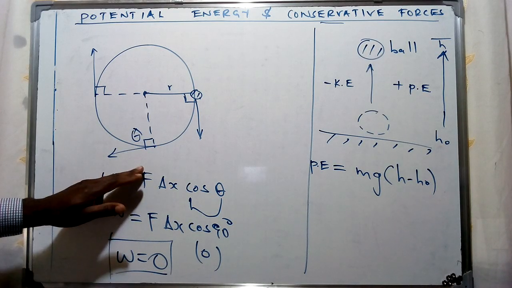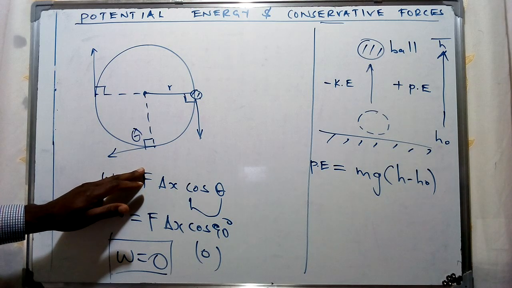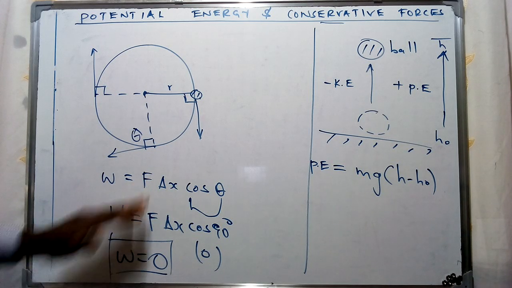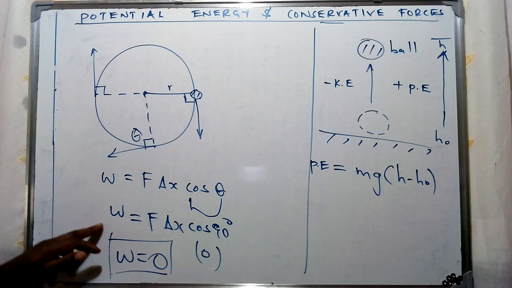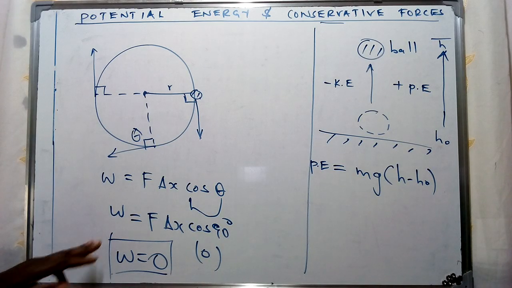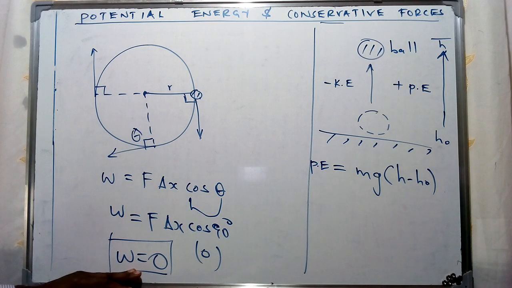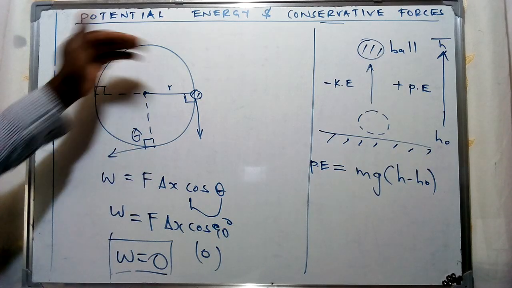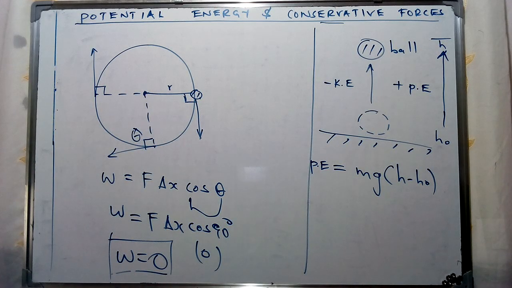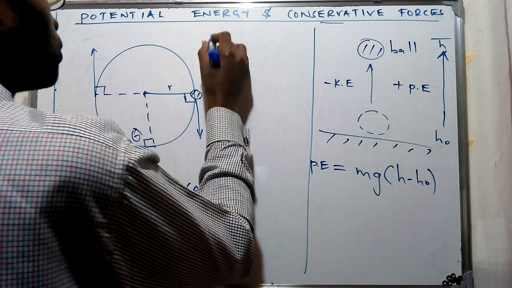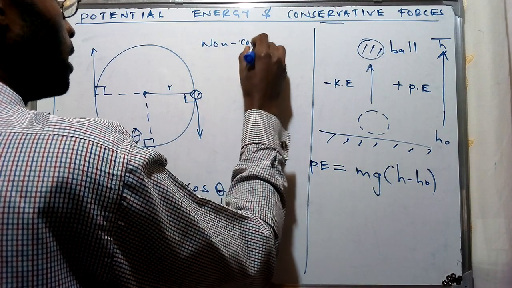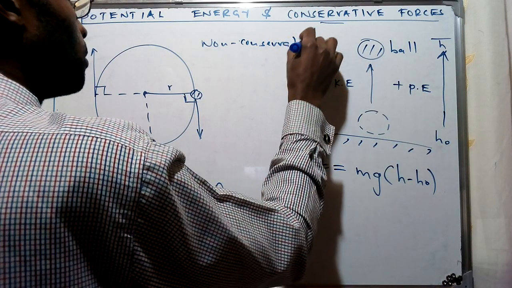Therefore, we can consider this specific force as a conservative force if the work done by the force on a particle that moves on a round trip is 0. And the alternative to this, if there's some work done for an object moving around this track that is not equal to 0, then we're going to consider that to be what we refer to as a non-conservative force.